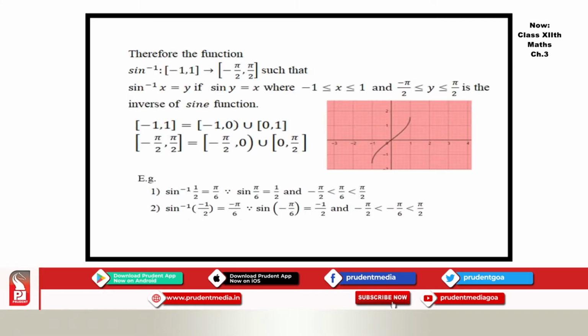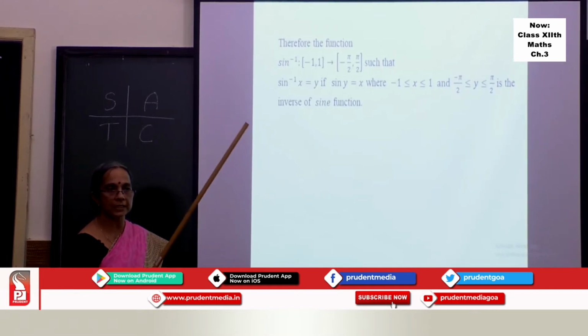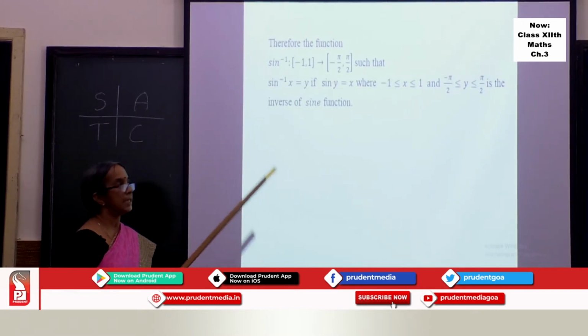Let us see what is the definition of the inverse of the sine function. If f is a function from a to b, f inverse is a function from b to a.